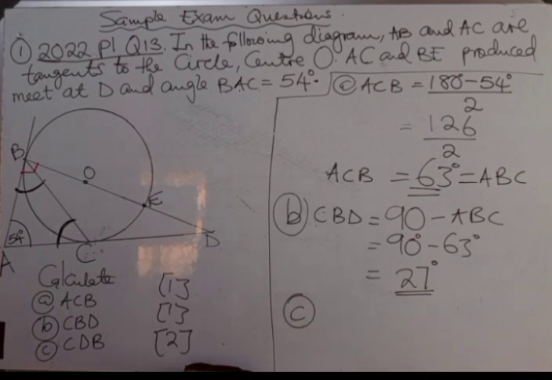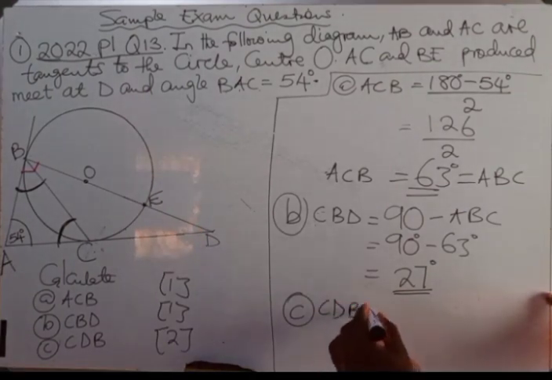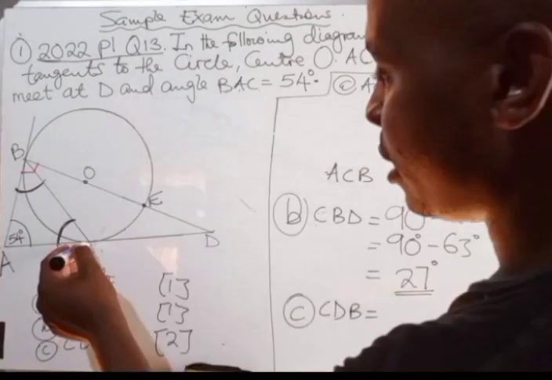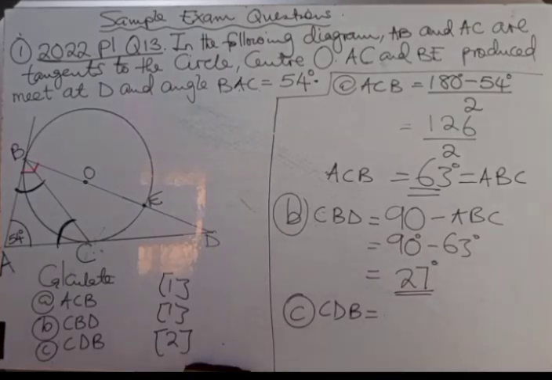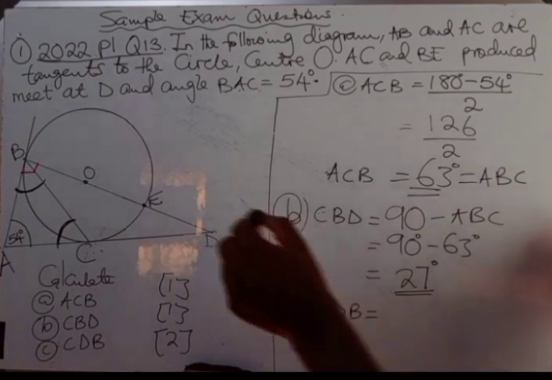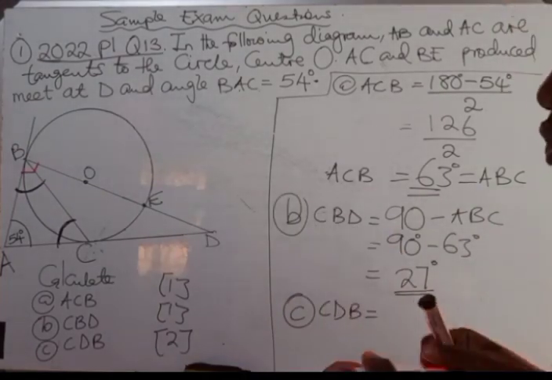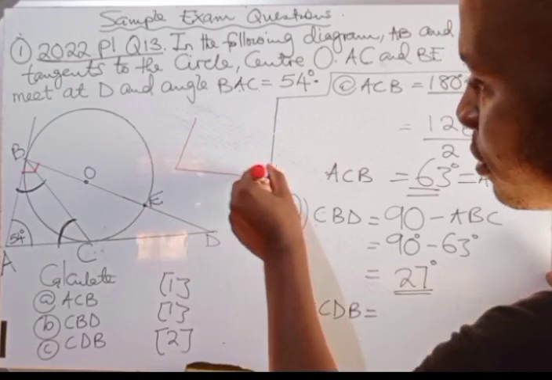We go to question number C, which says CDB. What angle is that? To find CDB, bear with me, I'll write it here.